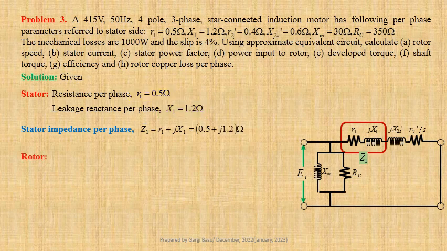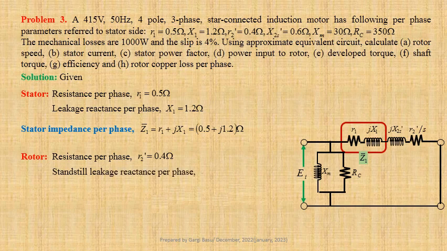For rotor winding, given resistance per phase referred to the stator R2' equals 0.4 ohm and standstill leakage reactance per phase X2S' equals 0.6 ohm.